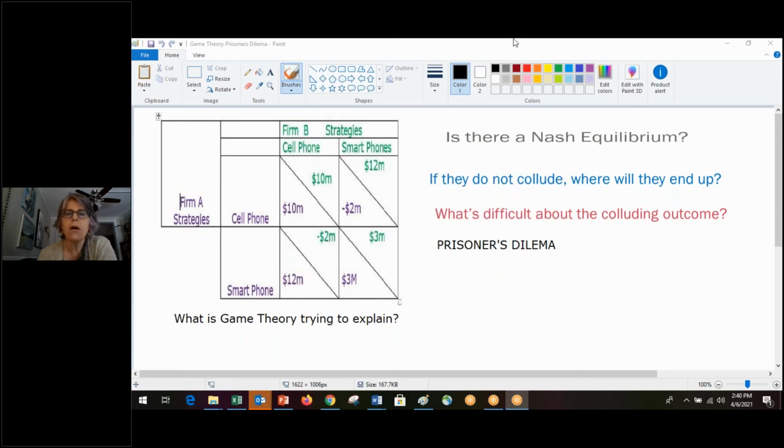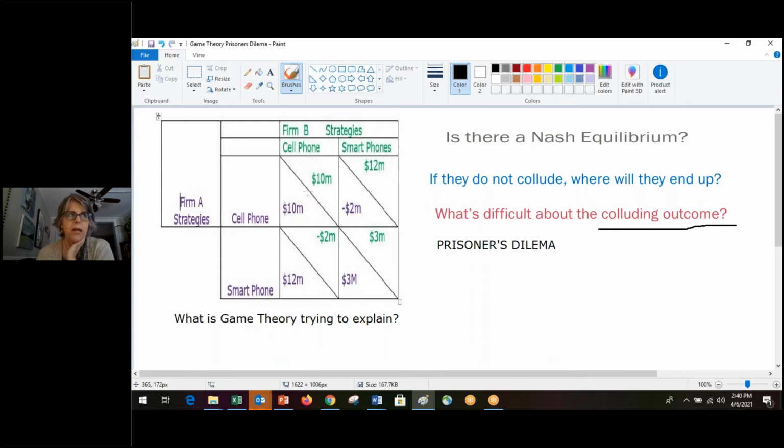And you don't want to do that either. So here we are, a suboptimal outcome. The difficulty with colluding is about having a credible threat.